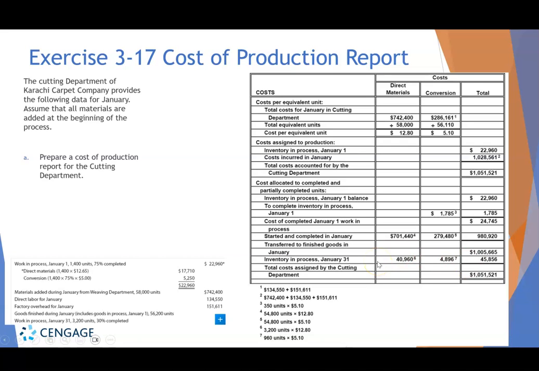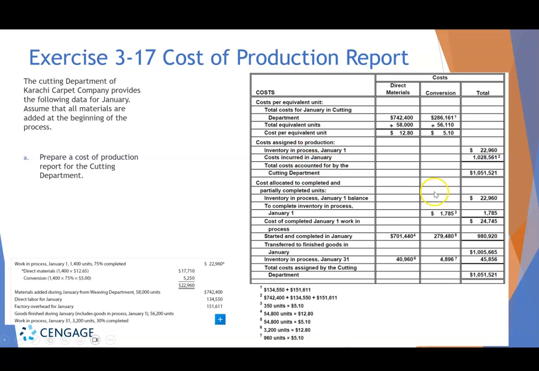So we know in terms of the total cost that was brought in during the month, those had to be those that began and were transferred out during the period, and those that are still sitting in the ending inventory in process.